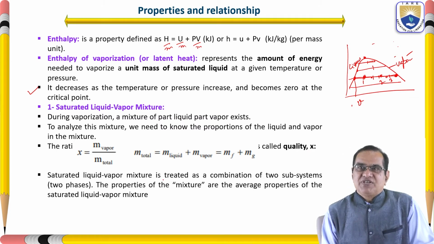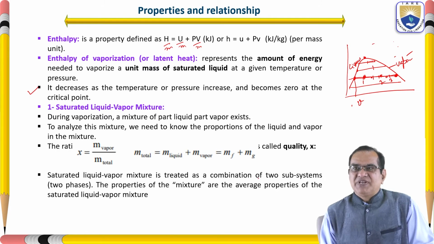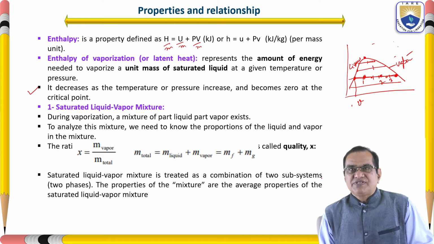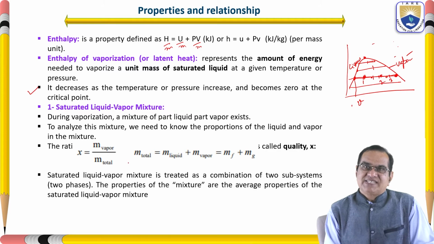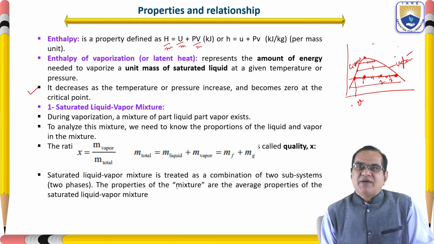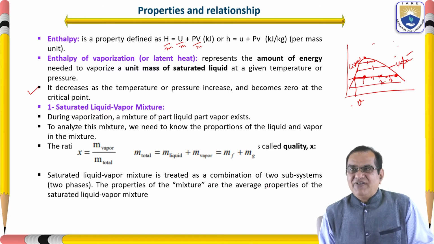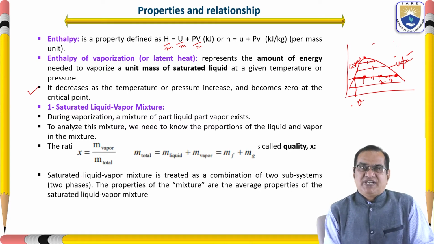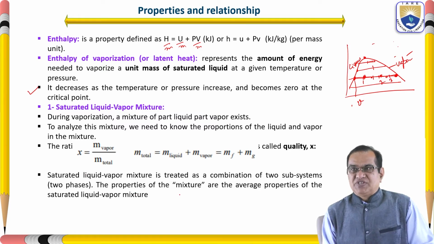Saturated liquid vapor mixture is treated as a combination of two subsystems, two phases. The properties of the mixture are the average properties of the saturated liquid vapor mixture. The quality is also called the dryness fraction.